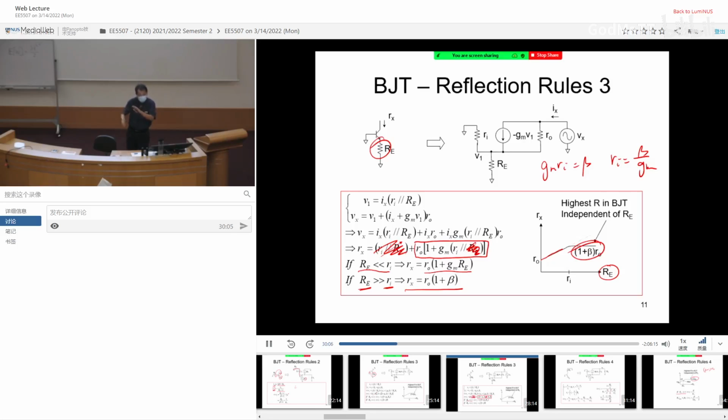Looking down, it's going to be even larger. So you can actually get very large equivalent resistance looking down into the drain terminal for MOSFET. But for BJT, you seldom see people go beyond 2 cascode. Just 2 transistors stacking each other is enough. You try to stack another one, it doesn't help. Why? Because of this.